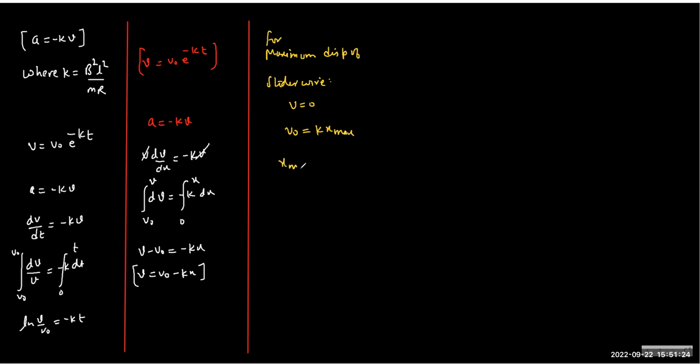So the x max turns out to be V naught by k. And if you want to write the answer, it is V naught by, V square by.